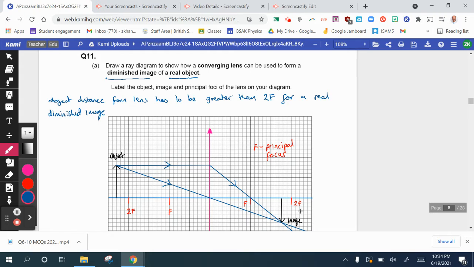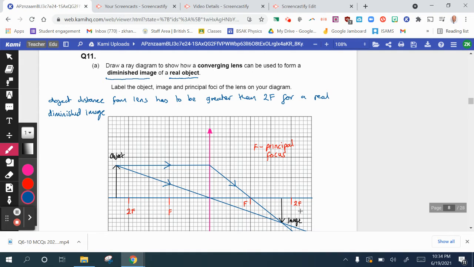If you place your object at two focal lengths, the object size is the same as the image size. If you place your object between two focal lengths and a focal length, the image on this side will be magnified and inverted.